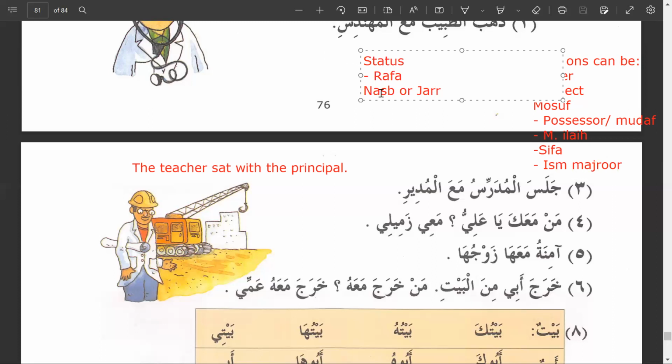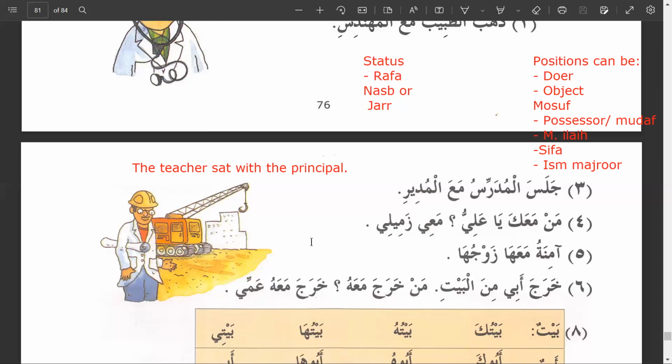Three statuses. So mudiri has a status of jar because it is coming as mudaf ilayh to ma'a. Ma'a is a special mudaf, and mudiri is mudaf ilayh. Got the point?